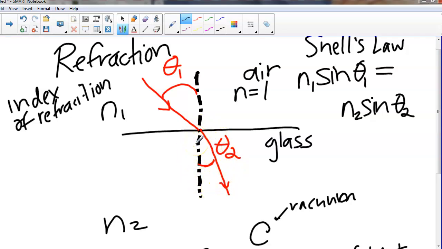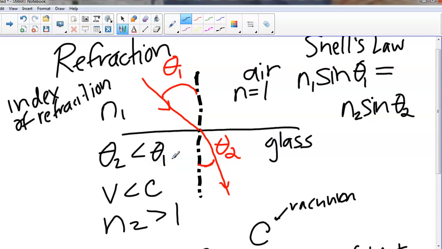Glass has an n that is greater than air, so n2 is greater than 1, and so that tells us that the velocity is less than c. And that also tells us that this angle, theta 2, is less than theta 1. We call this bending toward the normal. So it was farther away from the normal, now it's toward the normal. And that's what you get when you pass into a greater n. And you shall see that in the simulations today.